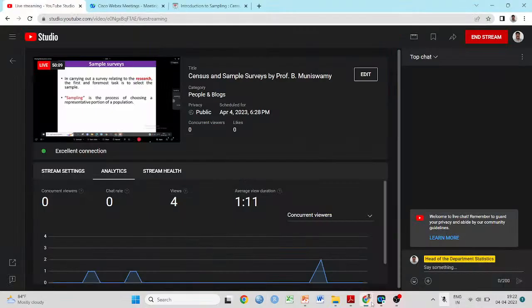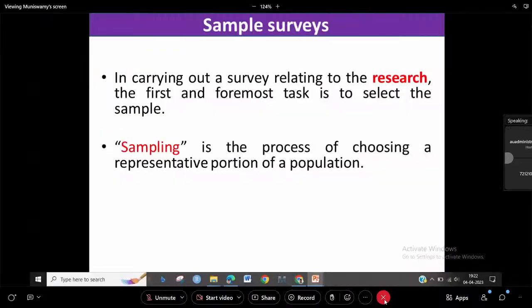But is it possible to test each and every person's heartbeat pulse rate in the universe, on the globe? It is not possible. Why? The globe has more than 700 crore population. It is possible, but it takes a lot of time and budget.